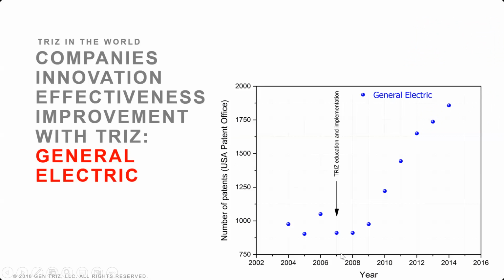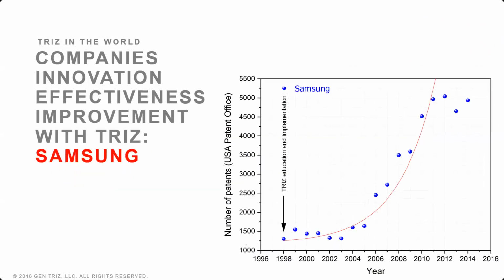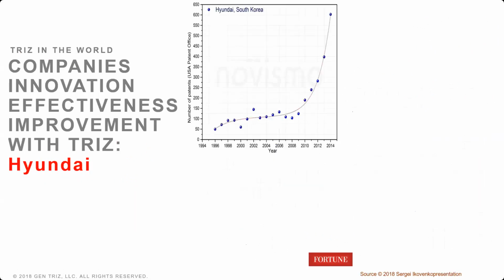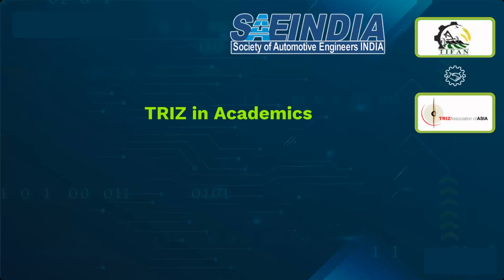In 2007 they started implementing TRIZ, and you can see how consistently the number of patents increased. This is not only with General Electric, it is also P&G, that is Procter and Gamble. You can see it for Samsung and many more industries. You can see it for Hyundai, in various countries in which Hyundai is working.